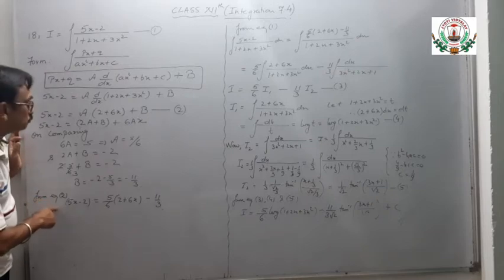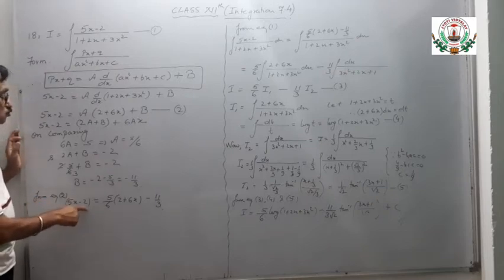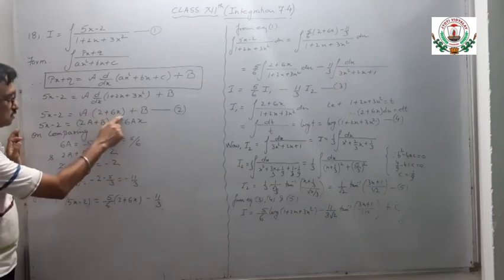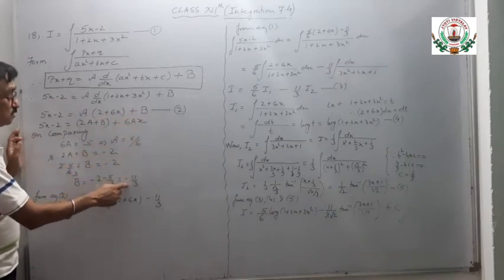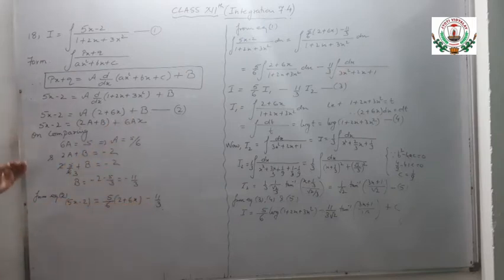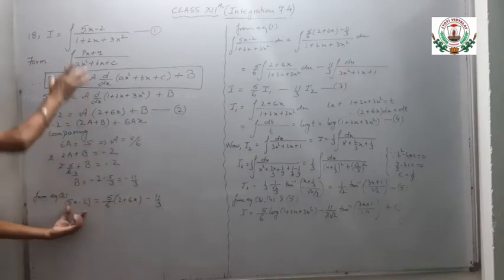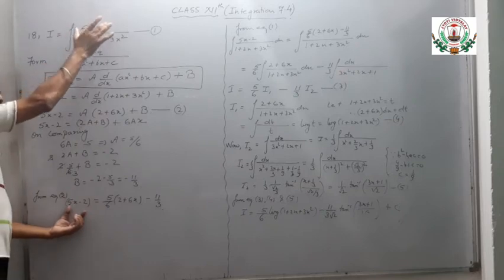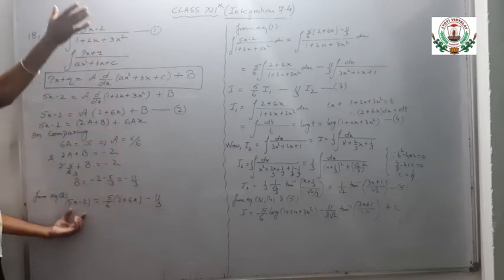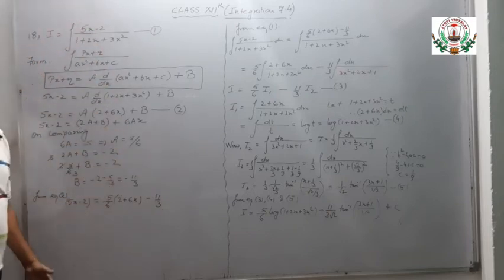From equation 2, 5x minus 2, a is equals to 5 by 6, so 5 by 6 into 2 plus 6x, and b is minus 11 by 3, so it becomes minus 11 by 3. Now this 5x minus 2 numerator is equal to this term. This term I have to replace now in equation number 1.